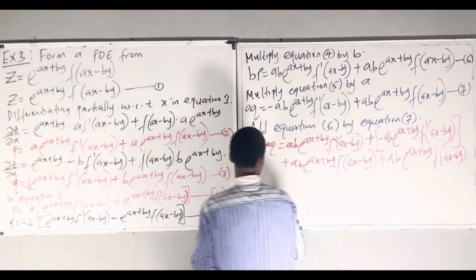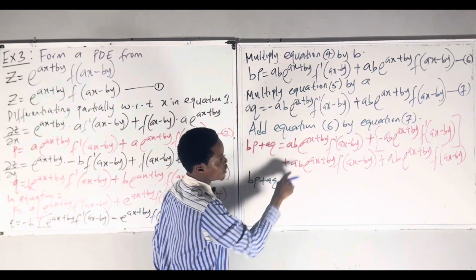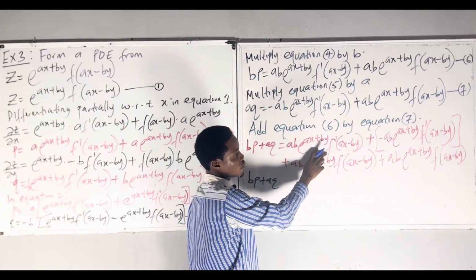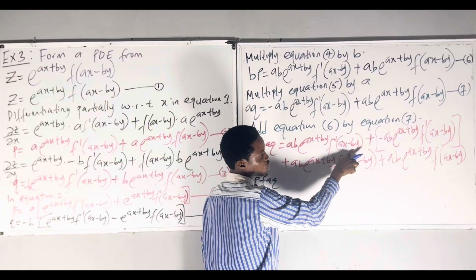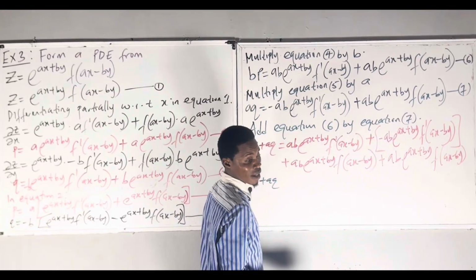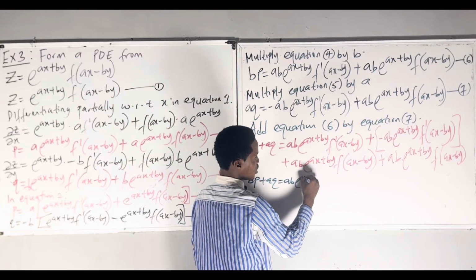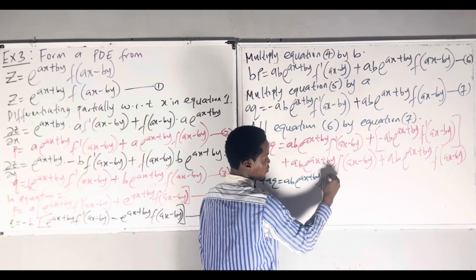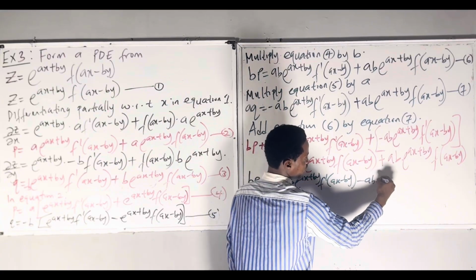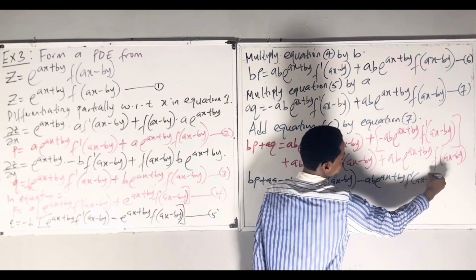So if we add this BP plus AQ, then we have AB exponential AX plus BY f prime AX minus BY. If you add this one with this is plus, plus times minus will be minus. So I'm going to have AB exponential AX plus BY f prime AX minus BY minus AB exponential AX plus BY f prime AX minus BY.